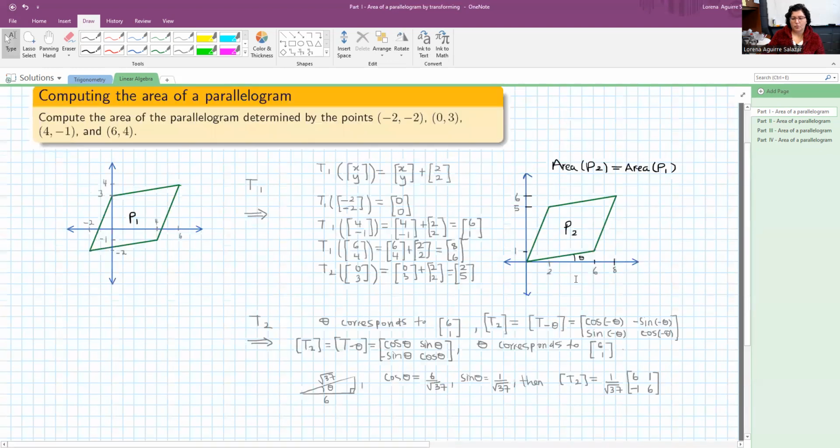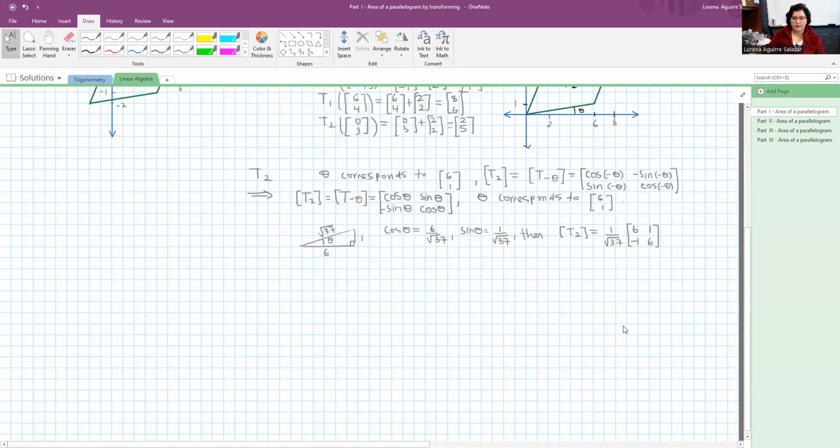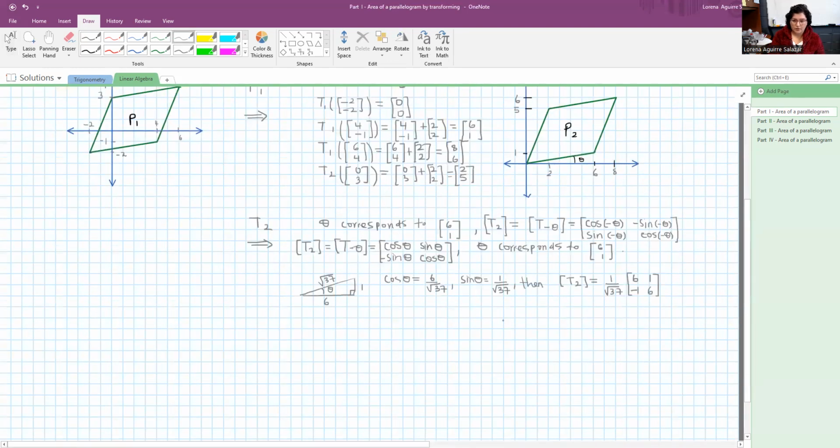Now with the formula for the matrix of the transformation, we find new vertices. The new vertex corresponding to the right bottom, which is 6, 1, is given by 1 over root of 37 times the matrix with first row 6, 1 and second row negative 1, 6, multiplied by 6, 1.